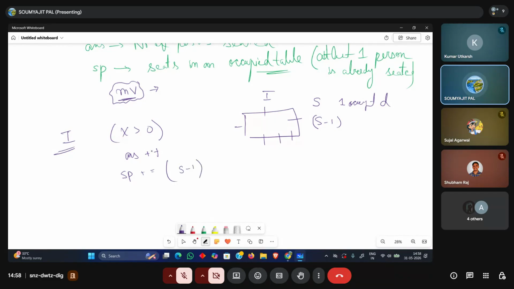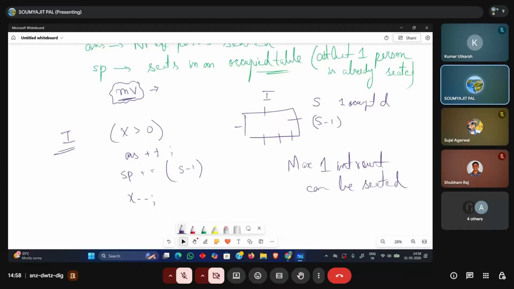And now my remaining number of empty tables would be decreased by 1. So I can make a statement that in a table, a maximum of one introvert can be seated. I think up to this it's clear.